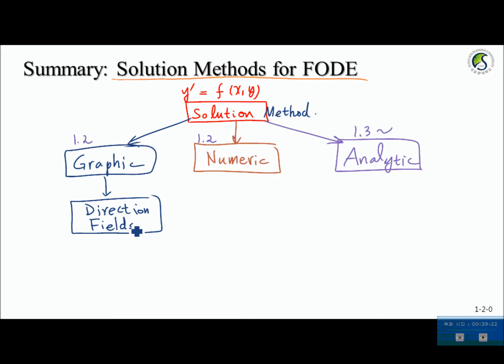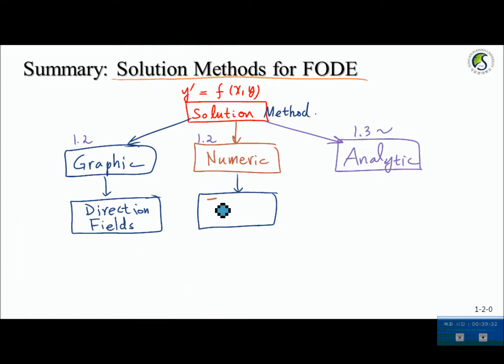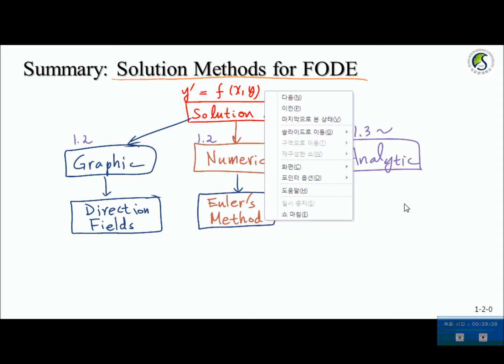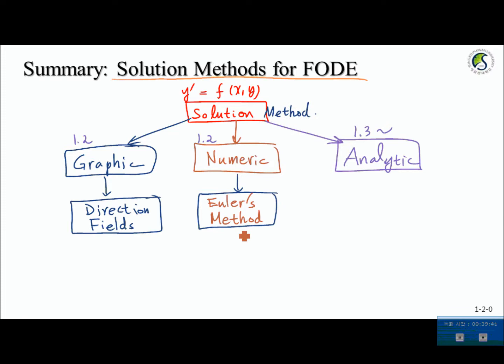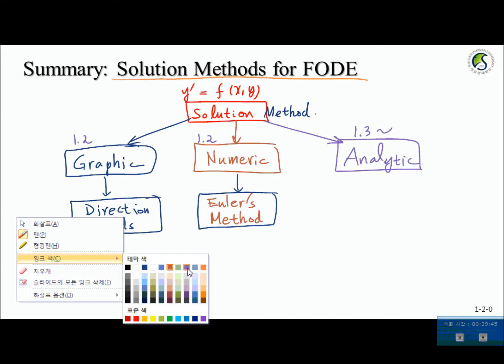The method name is actually the direction field. And for the numeric, it's Euler's method. The genius mathematician, or physicist, Euler suggested that method.